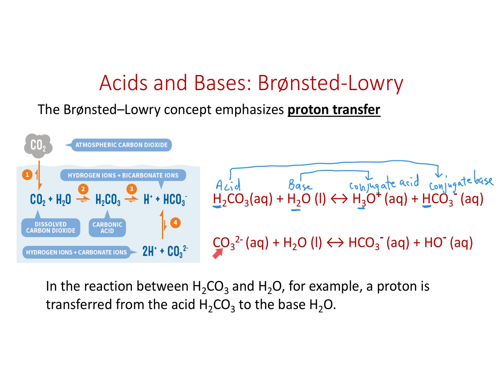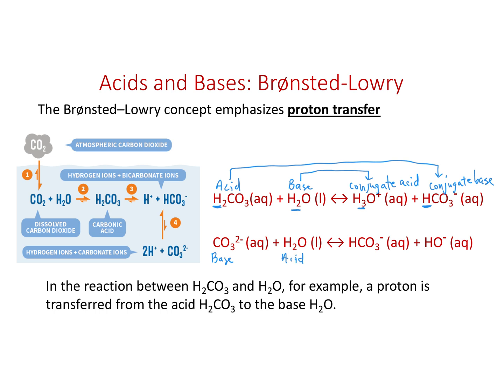In the next one, we've got carbonate. Carbonate goes to bicarbonate, that gains a proton, so that would make this our proton acceptor or our base. And then by default, if that's our base, in this case, water must be the acid.